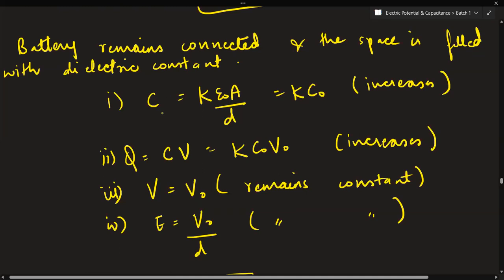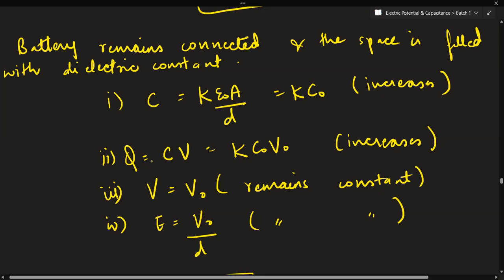When a dielectric medium has been introduced, dielectric constant gets multiplied, so it will become K epsilon naught A by D. C naught was the initial capacitance, K is getting multiplied to it. So obviously capacitance is increased because it is multiplied by a quantity. So capacitance increases when battery remains connected.